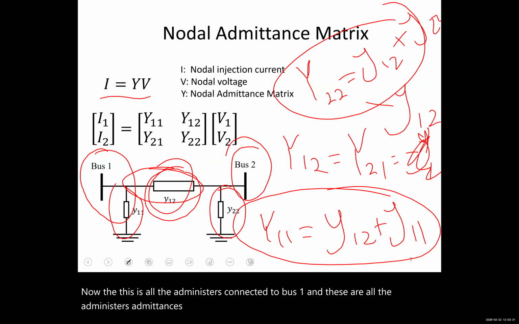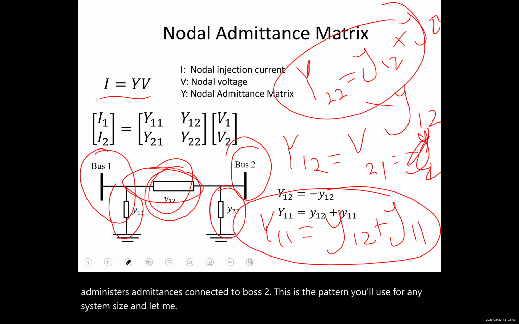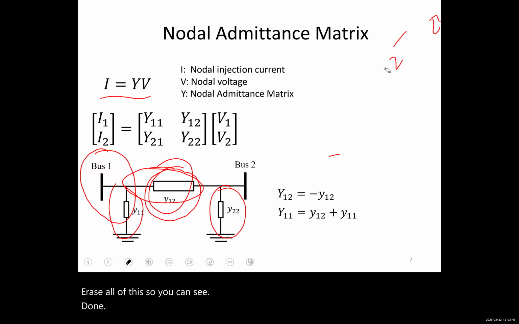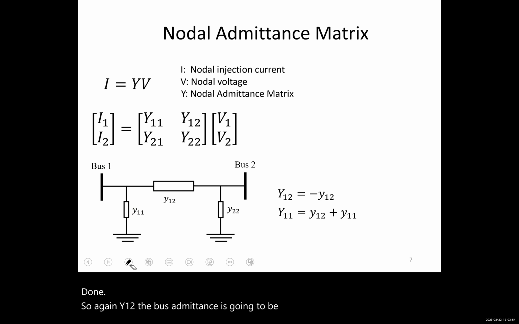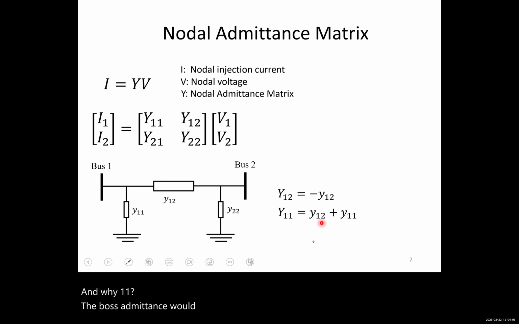This is the pattern you'll use for any system size. And let me erase all of this so you can see how it's done. So again, Y12, the bus admittance, is going to be equal to the negative of the admittance between them, and Y11, the bus admittance, would be all the admittances connected to bus number 1, which is y12 and y11.